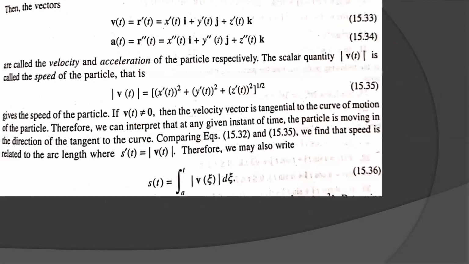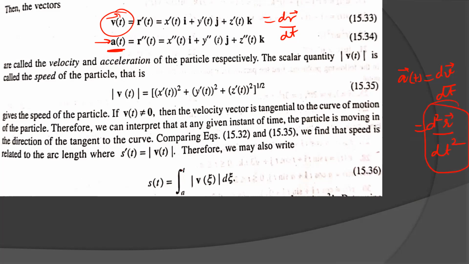Then if you differentiate r dash t, I already discussed, this is your dr by dt vector. This will give you the velocity vector. And if you differentiate the velocity vector, you will get acceleration. The acceleration vector is dv over dt, or twice differentiation of the displacement or position vector.